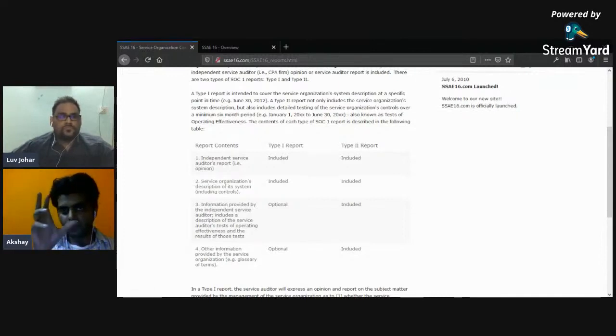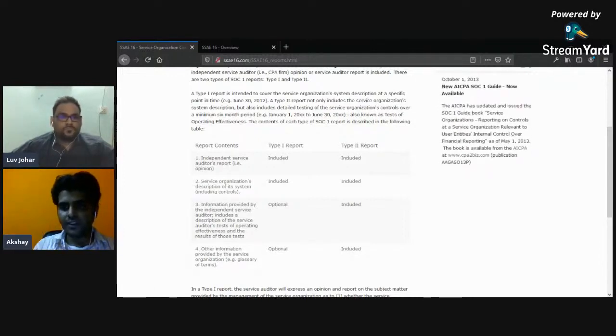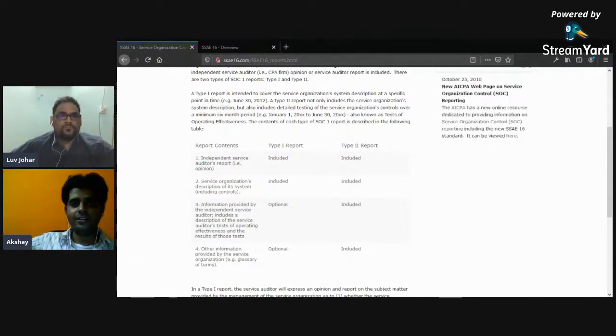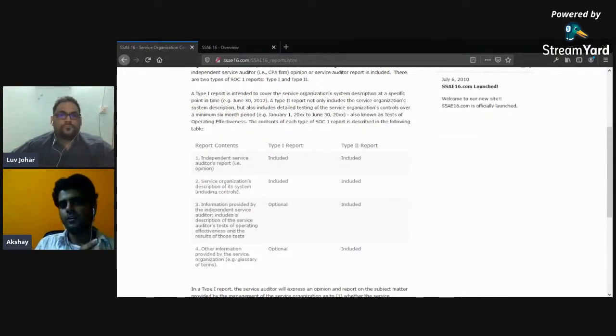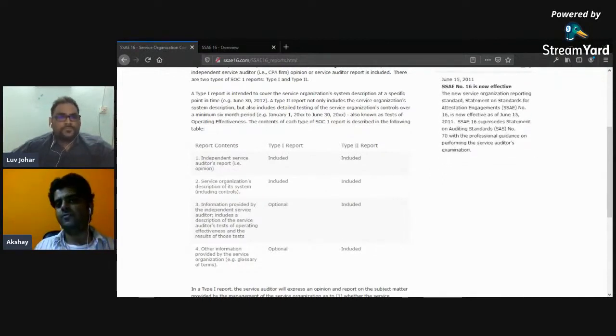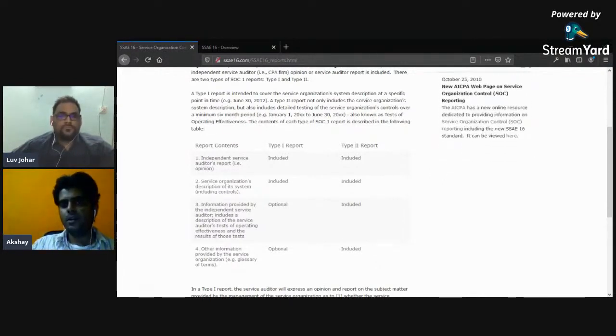But a SOC 1 report is specifically for when I have a service that could impact a specific organization's financial statements. Then that comes under SOC 1 compliance. Yes, I think the objective is absolutely different, as you rightly mentioned, Akshay. I may not be storing any payment card information, but still my services may impact financials.